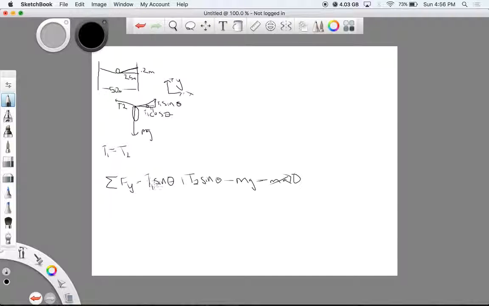Since T1 sine theta is equal to T2 sine theta, we can say 2 times T1 sine theta is equal to mg, because we bring that mg over. The bird has a mass of 1 kilogram and gravity is 9.8 meters per second squared, but let's isolate T1 first.